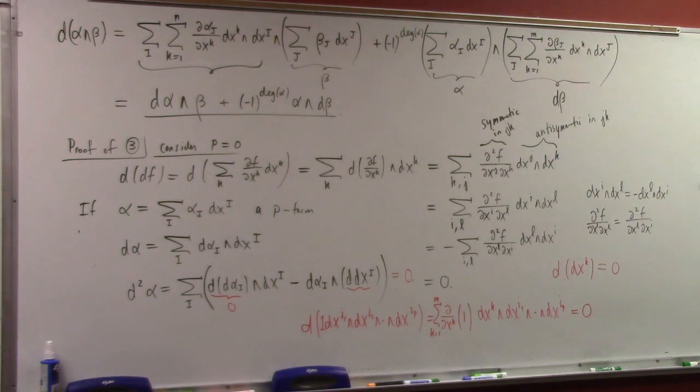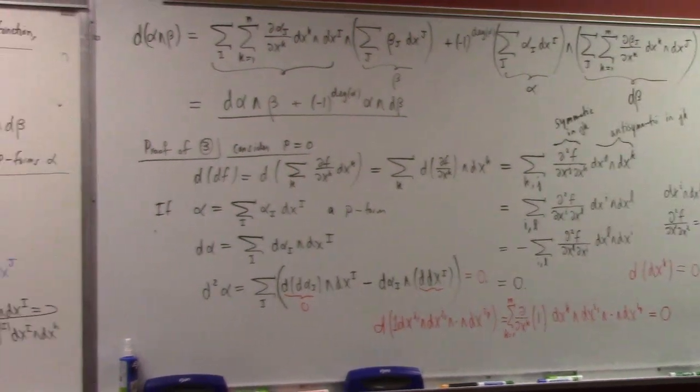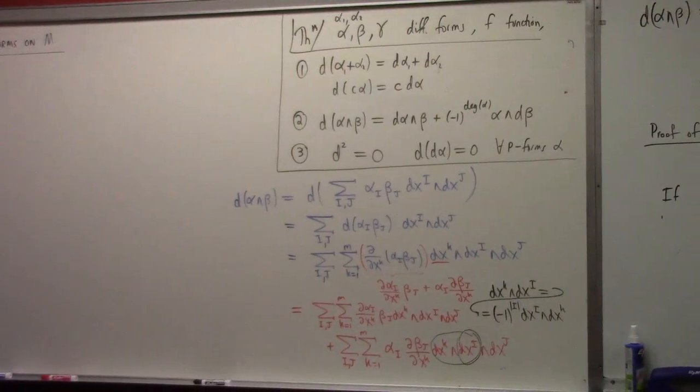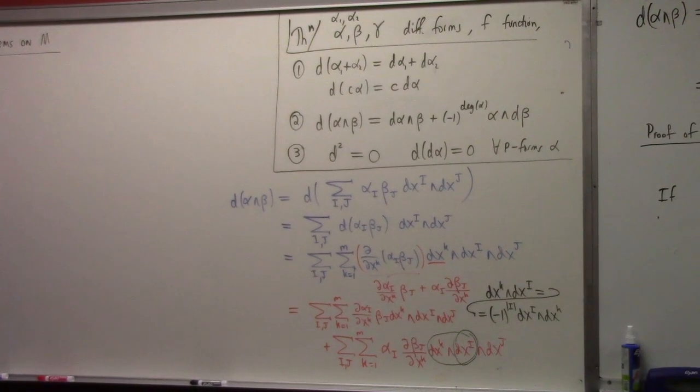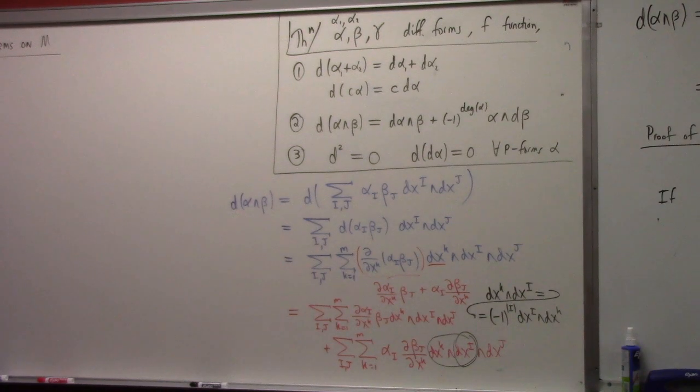So, for instance, let me recap. To recap, what were the 3 things we found? We found that the differential of a function was the work form of the gradient. We found that the differential of the work form of a vector field was the flux form of the curl, right?